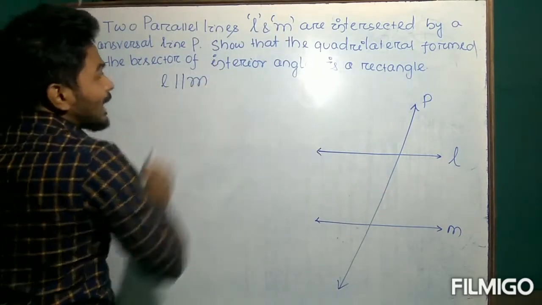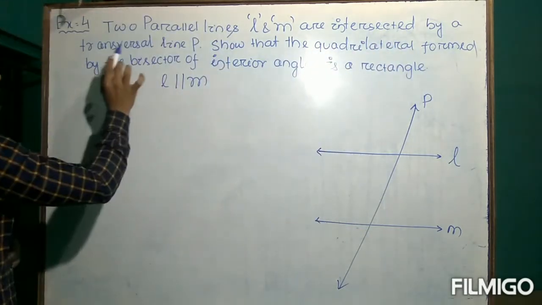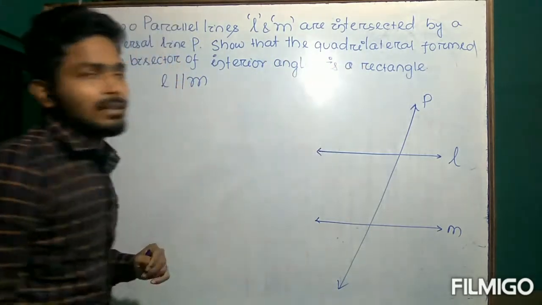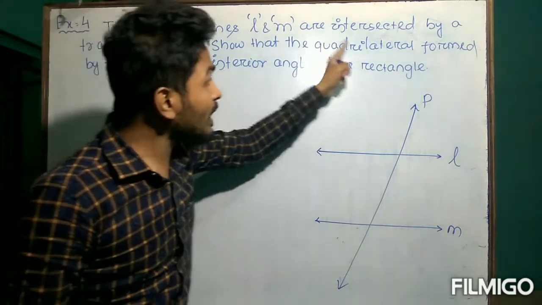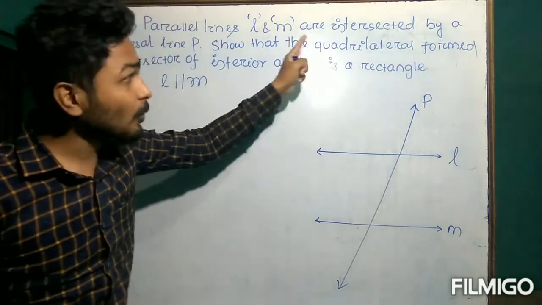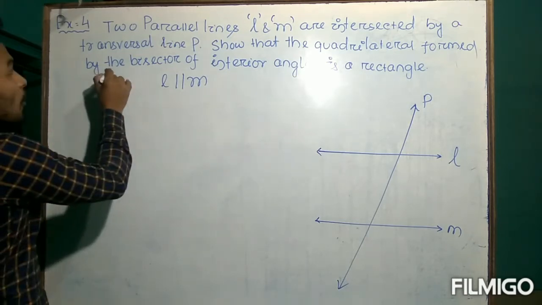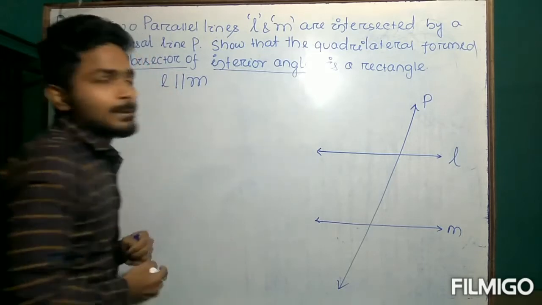Now, prove that the quadrilateral formed by the bisectors of interior angles is a rectangle. Let's read it clearly: the quadrilateral that is formed by drawing the bisectors of interior angles.